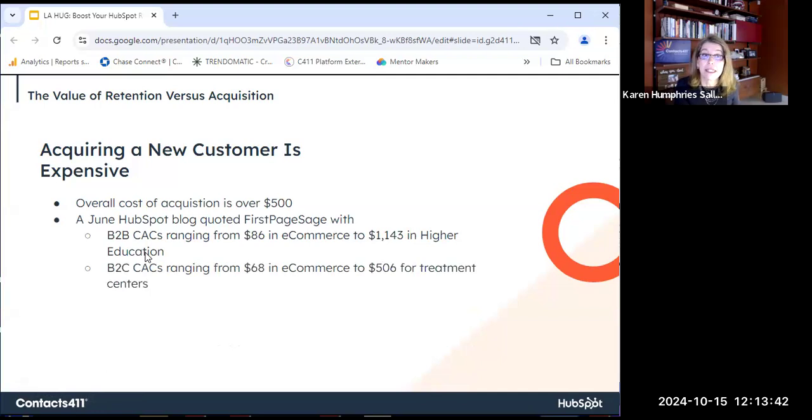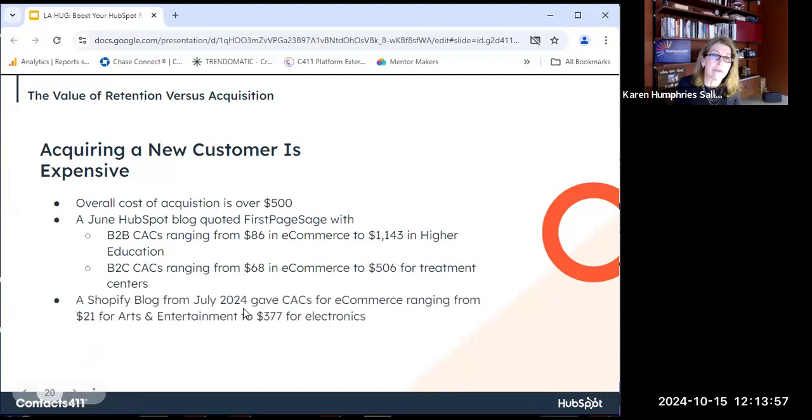And on the B2C side, CACs range from $68 in e-commerce to over $500, actually, interestingly, in treatment centers. I thought that was an interesting piece of information. Shopify had a blog in July that gave CACs for their customers in e-commerce ranging from $21 in the arts and entertainment industry all the way to $377 for electronics.